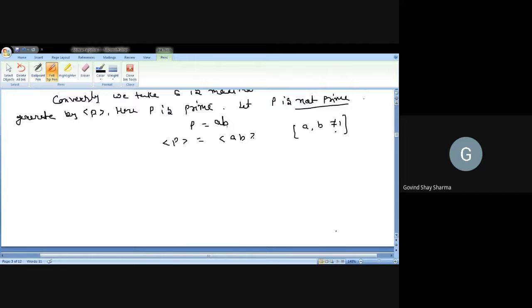Now P is generated by this, so the P set is a subset of the A set, which is a subset of R. The set generated by P is S, generated by A set we assume S dash, and generated by 1 we know is R, that is Z. So there we find an ideal which contains S and is between S and R, so S is not a maximal ideal.